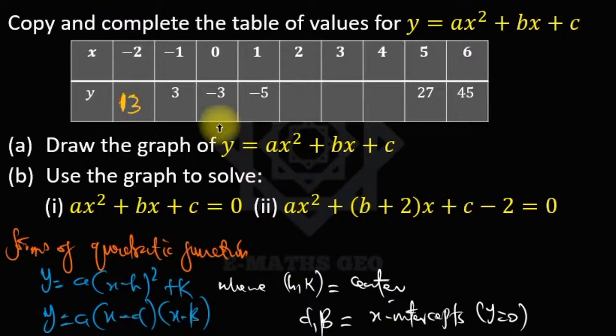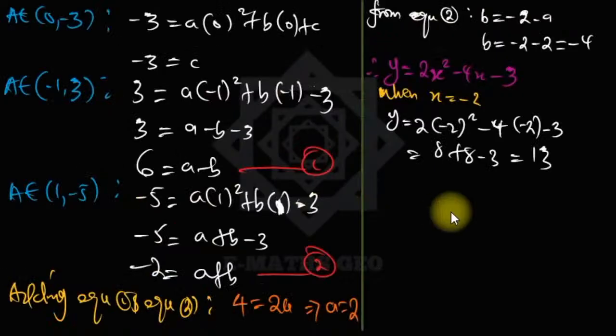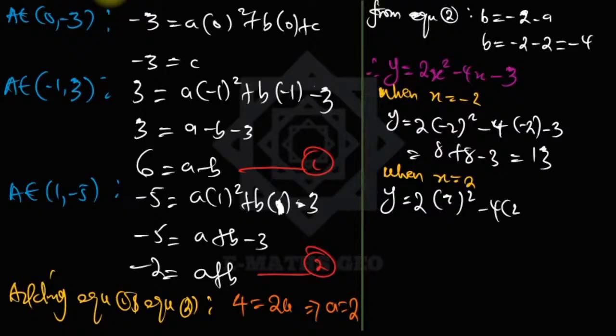The other one, when x is 2, let's get y. So when x is 2, y is 2 times 2 squared minus 4 times 2 minus 3.